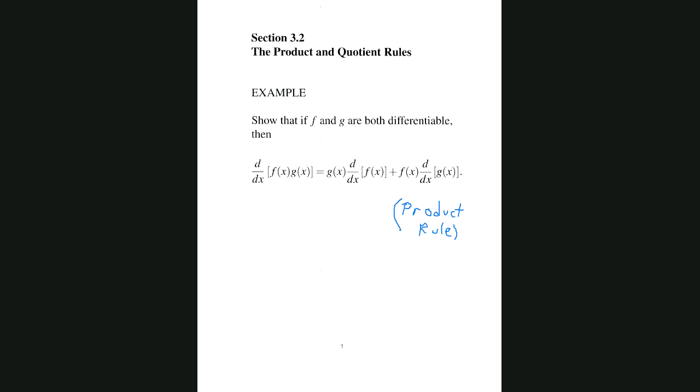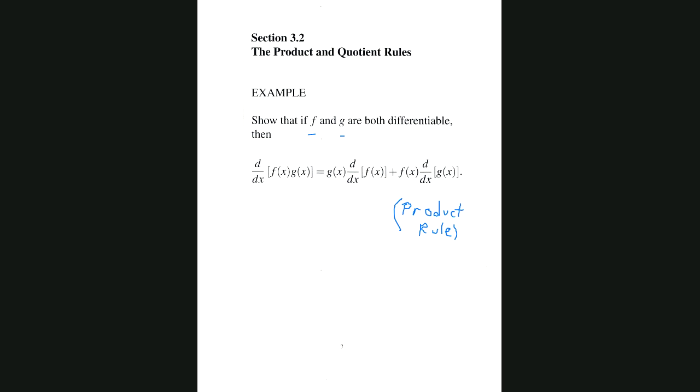Okay, so this is the product rule. When they say if f and g are both differentiable, they mean that you can take derivatives of the functions f and g.